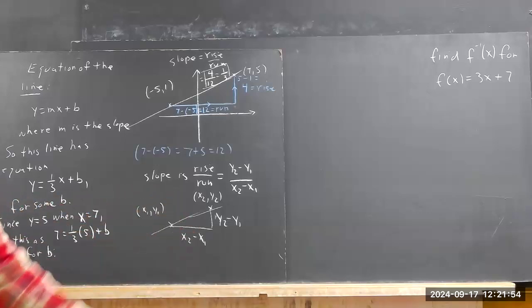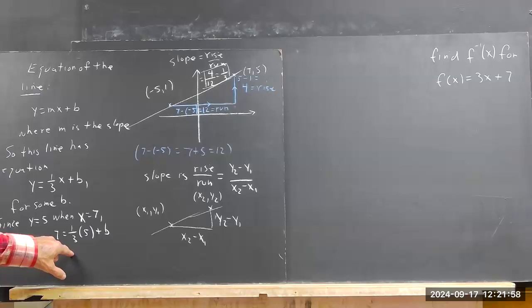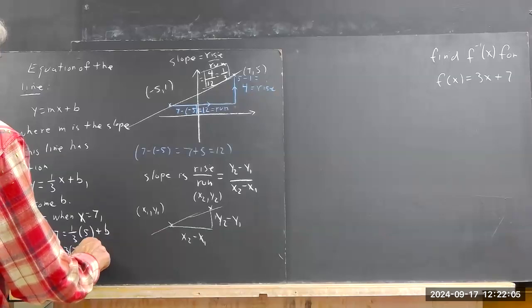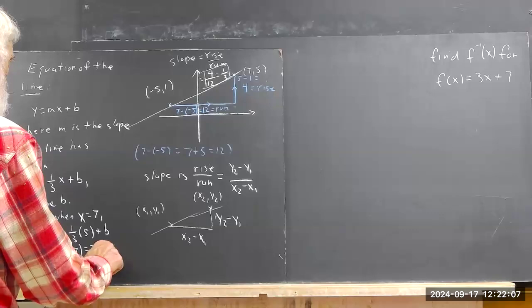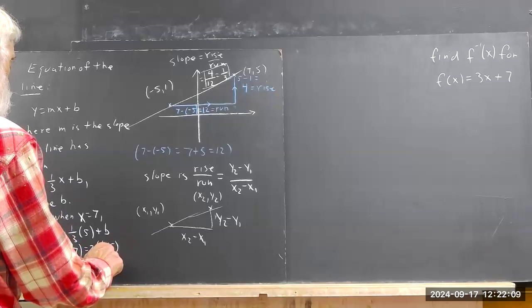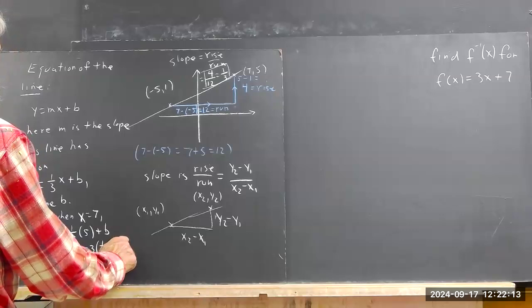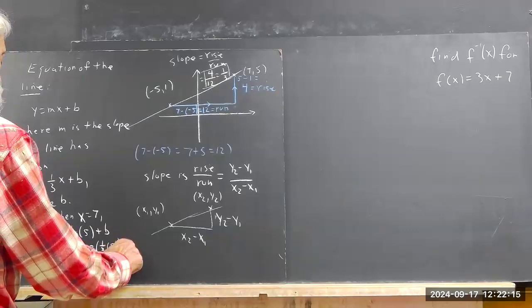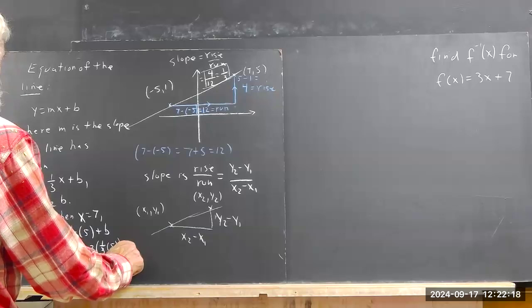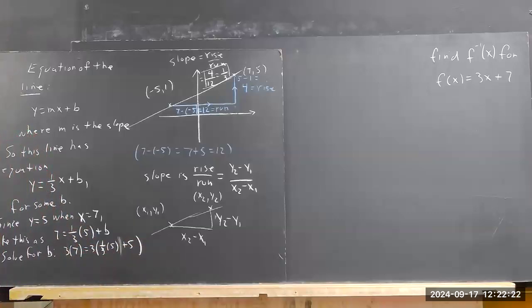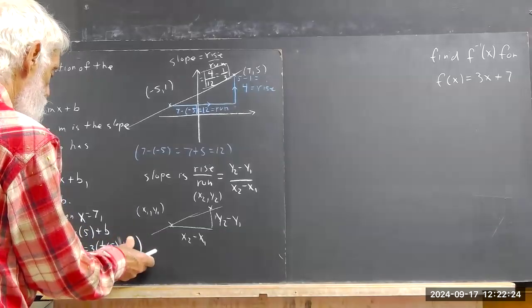I'm going to multiply the numerator and denominator both by 3, which is the common denominator of the whole equation. Okay? We get 3 times 7 equals 3 times 1/3 of 5 plus, oops, my parentheses, plus b, not 5.